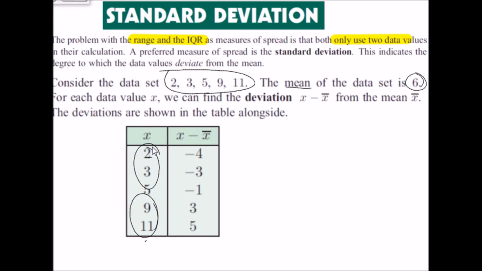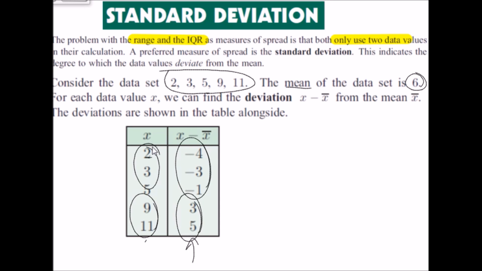Now, if you were to work out the average deviation, you'd take the deviations here, add them all up, and divide by how many scores you have, as you would for the mean. But if I add up these deviations, the positive ones make 8, the negative ones make -8, we get a 0 overall deviation. So this will not work.